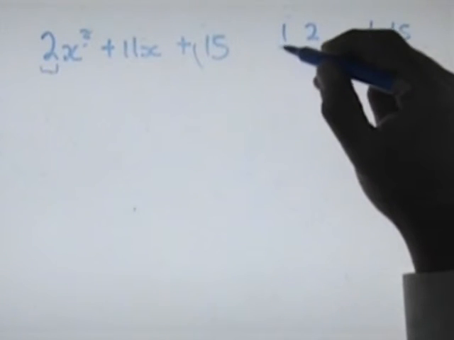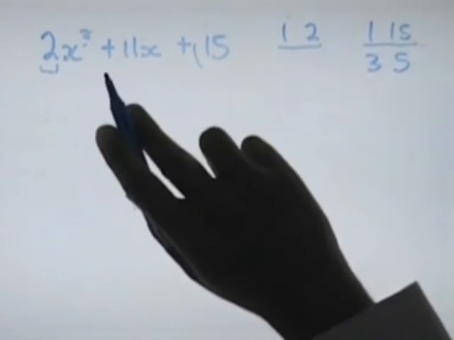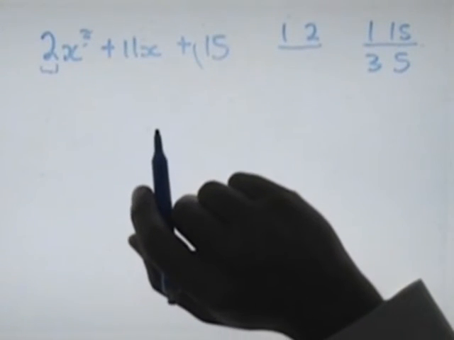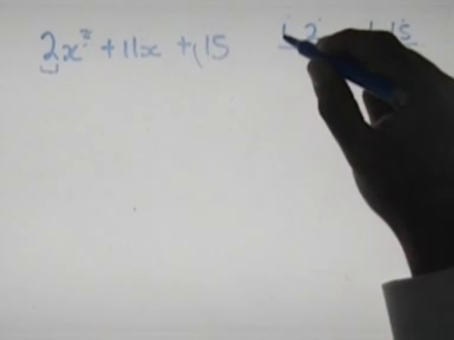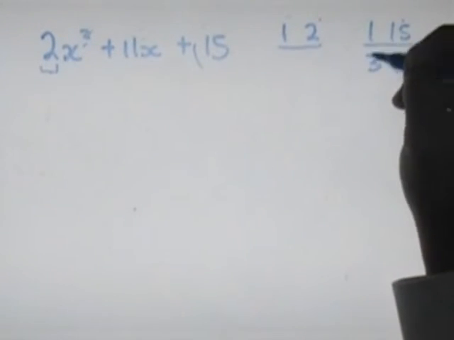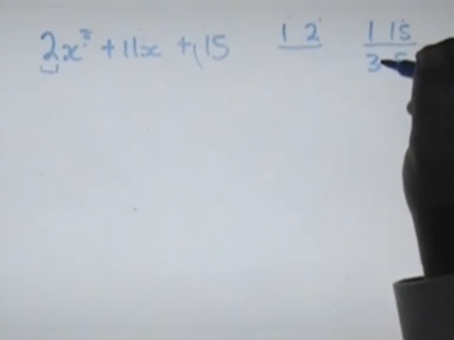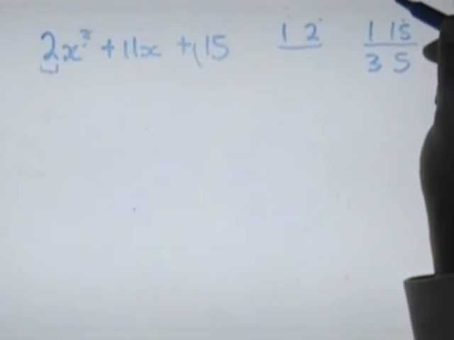If I use the 1 and 2 in combination with the 1 and 15, can I get to positive 11? 15 times 2 is 30, 1 times 1 is 1, 30 minus 1 will give us 29, 30 plus 1 is going to give us 31, so that's not going to work.